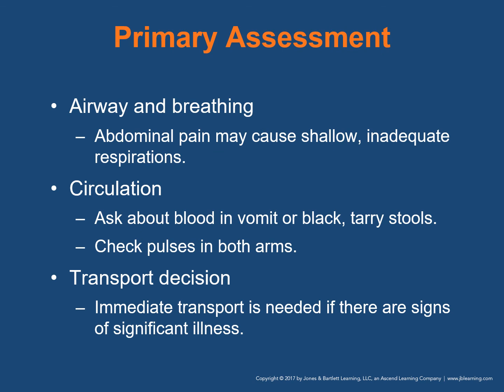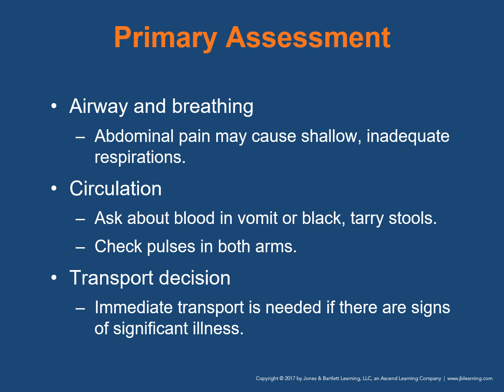Then we move into our airway and our breathing, recognizing that when a patient has abdominal pain, they'll often change their respiratory rate and rhythm, mostly because shallow breaths won't move the diaphragm as much. So it's not causing movement of the abdominal muscles, which should help. We're going to look at circulation.